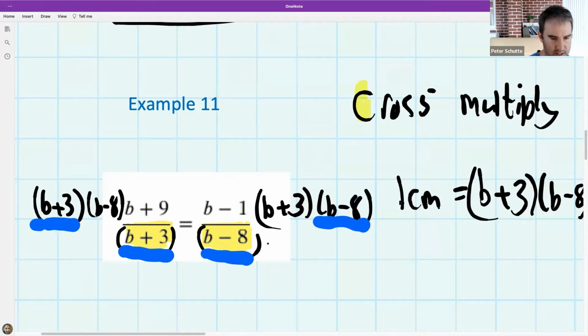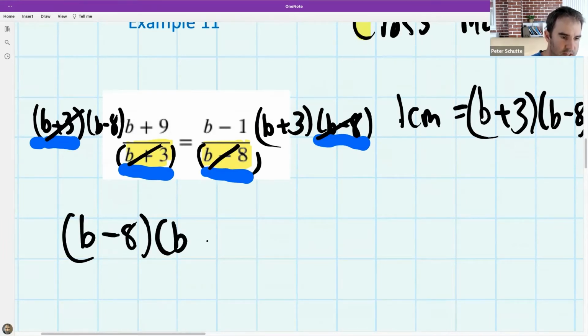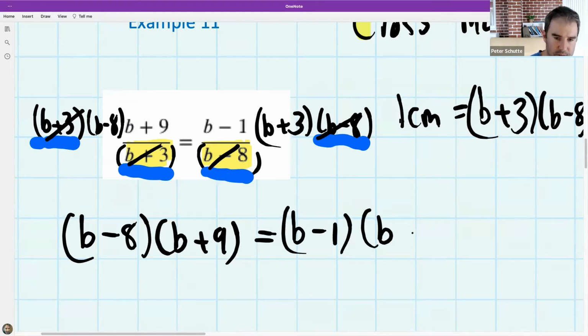I've done this deliberately because by multiplying by this rather strange looking thing, I'm going to eliminate the b minus 8 on this side, and I'm going to eliminate the b plus 3 on that side. And so now I go to the cleanup phase, and I go b minus 8 times b plus 9. And then on the other side, I have b minus 1 times b plus 3.